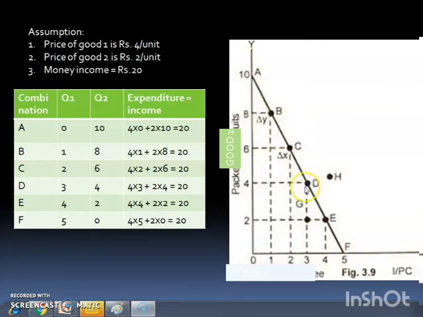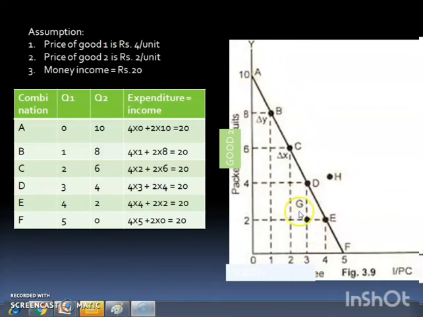Then, which is the budget set here? Budget set means all the attainable combinations. So, attainable combination is expenditure on good 1 plus expenditure on good 2 is less than or equal to the money income of the consumer. All the points on AF are where expenditure is equal to the income of the consumer, for example, B, C, D, E, etc. Then all the points inside the AF, that is, G is inside the budget line.